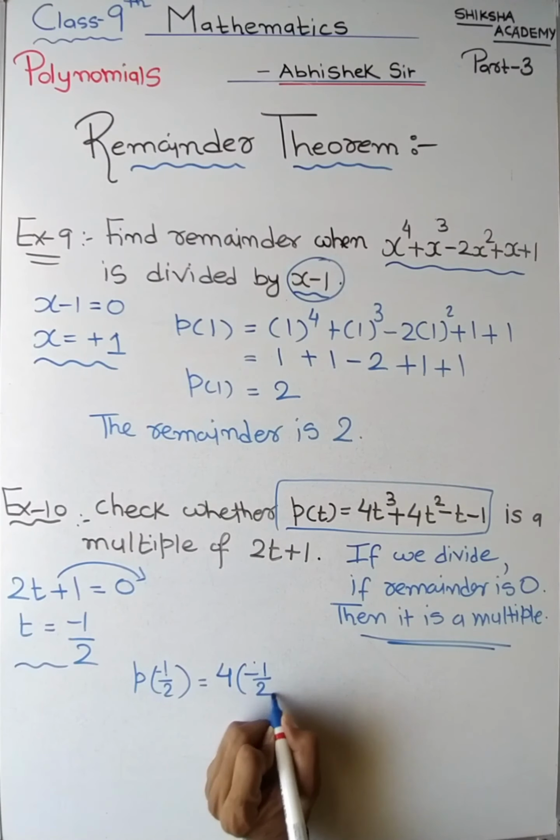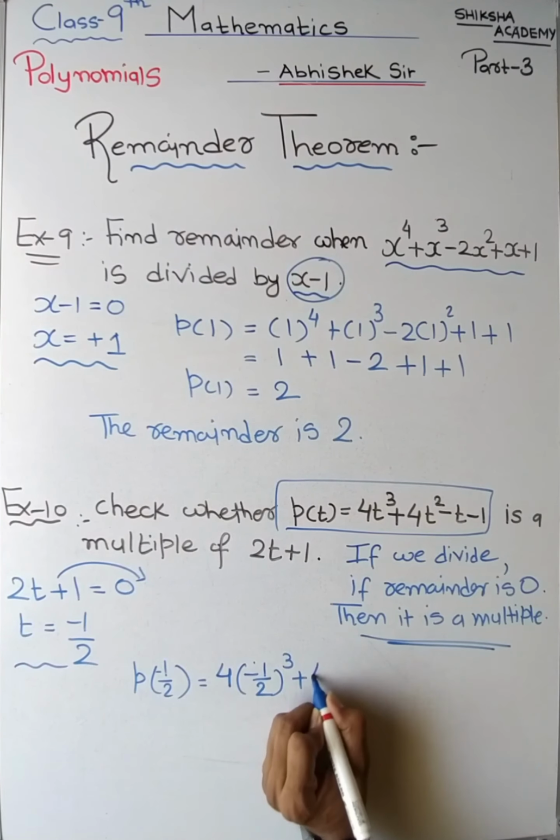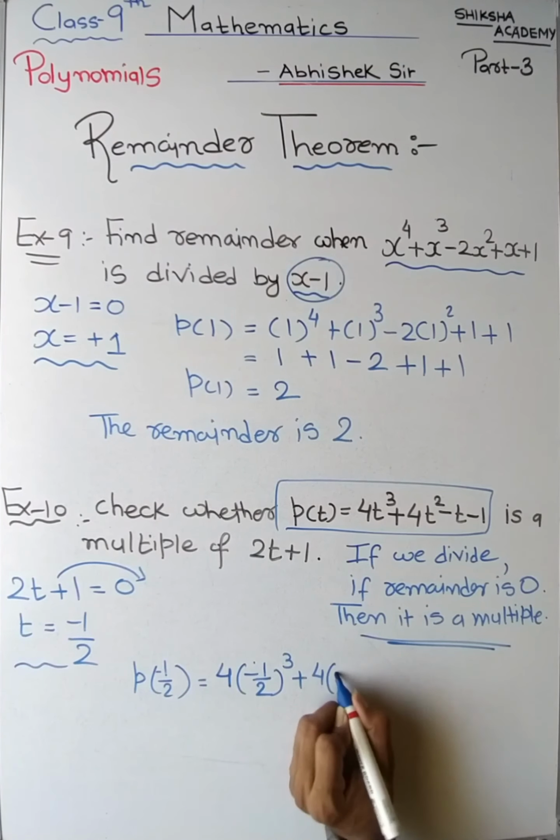Minus 1 by 2 whole cube plus 4 into minus 1 by 2 whole square minus of minus 1 by 2 minus 1. Clear? Now this answer must be 0, then and only then we can say that it is a multiple. Clear? So now let us start the solution.